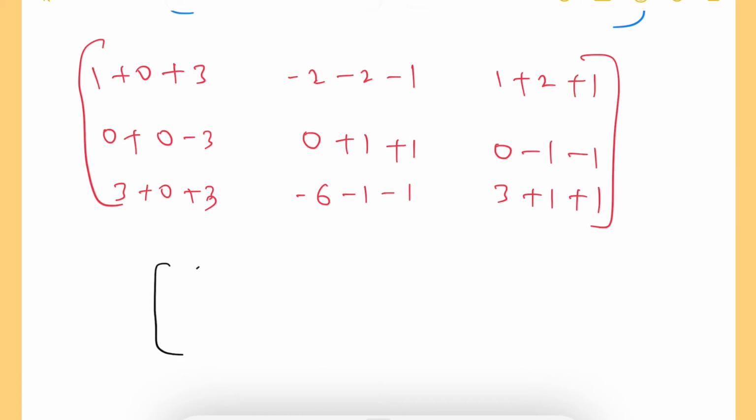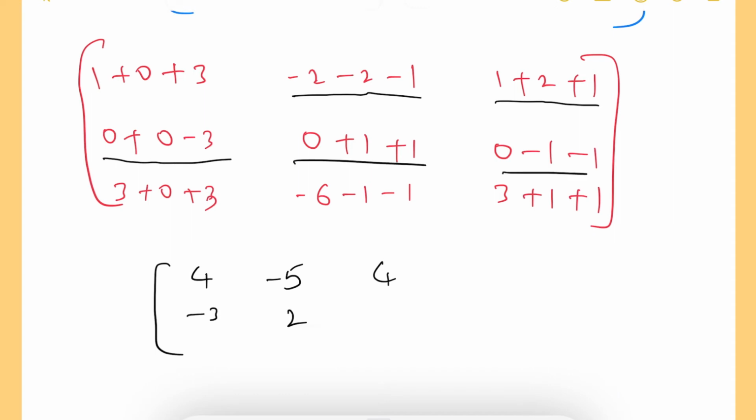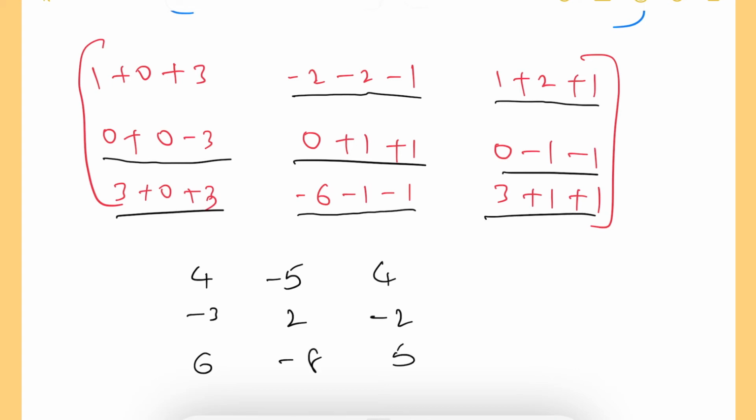One plus 0 plus 3 is 4, minus 2 minus 2 is minus 4, minus 4 minus 1 is minus 5, 1 plus 2 plus 1 is 4, 0 no need, so minus 3, 1 plus 1 is 2, minus 1 minus 1 is minus 2. Next, 3 plus 3 is 6, minus 6 minus 1 minus 1 is minus 8, 3 plus 1 plus 1 is 5. So this is the value of A square.